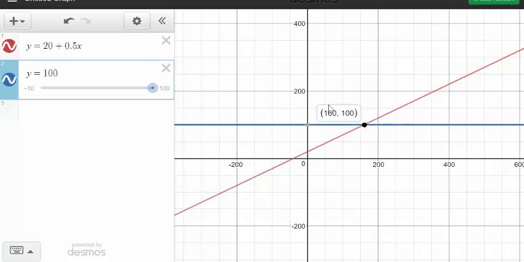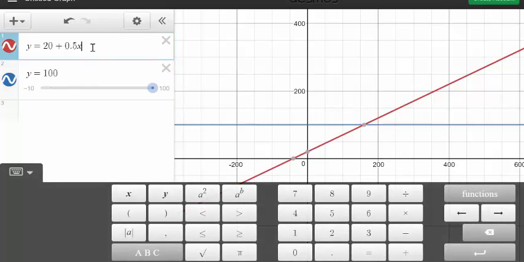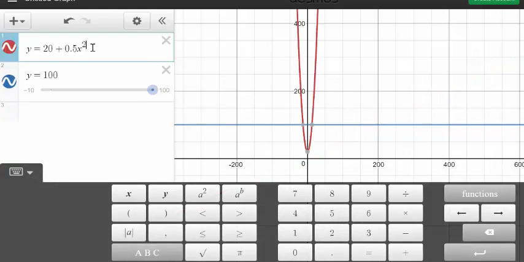So when x equals 160, which represents what? The kilometers, you get y of 100, which represents what? The cost. Is that okay? So in Desmos, it's nice to solve an equation, especially when they get really ugly, like this or something.